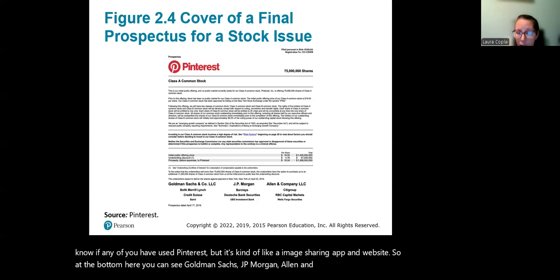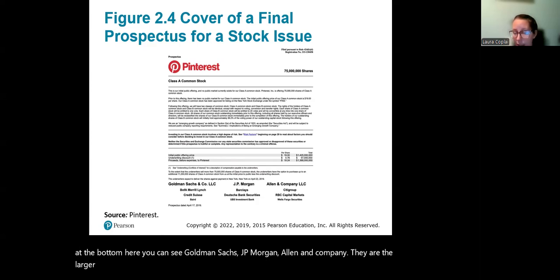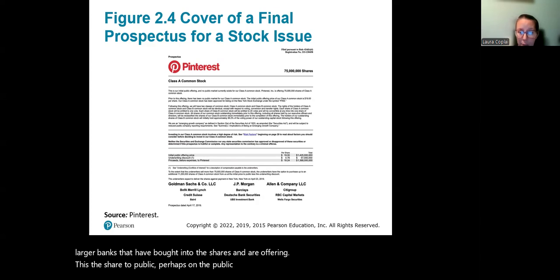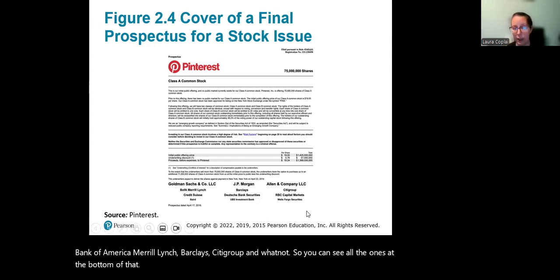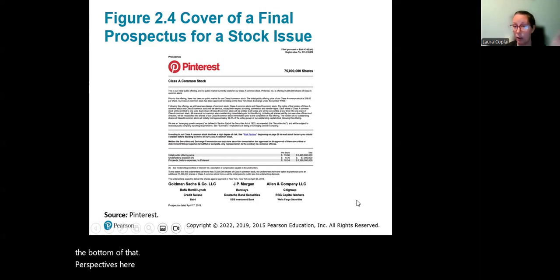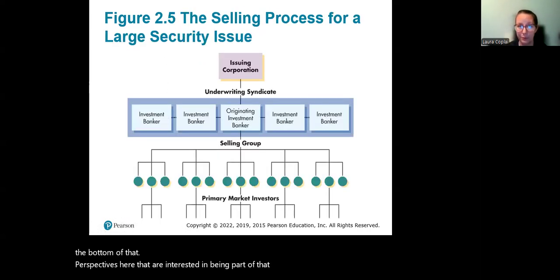They are the larger banks that have bought into the shares and are offering the shares to the public, perhaps on the public markets. And then there are other banks here: Bank of America, Merrill Lynch, Barclays, Citigroup, and whatnot. So you can see all the ones at the bottom of that prospectus here that are interested in being part of that syndicate group.